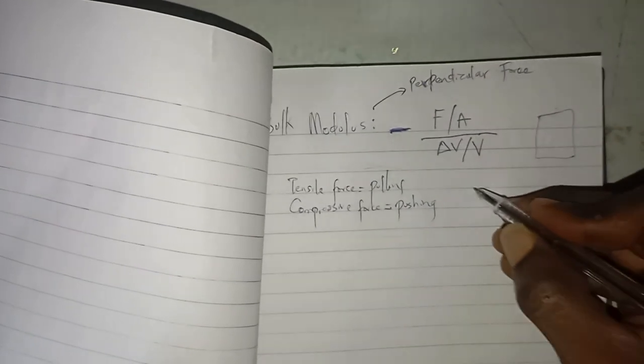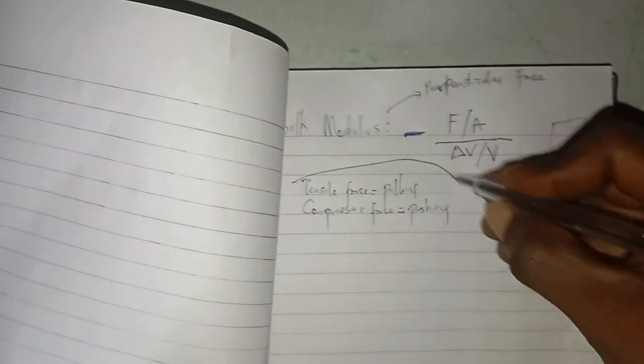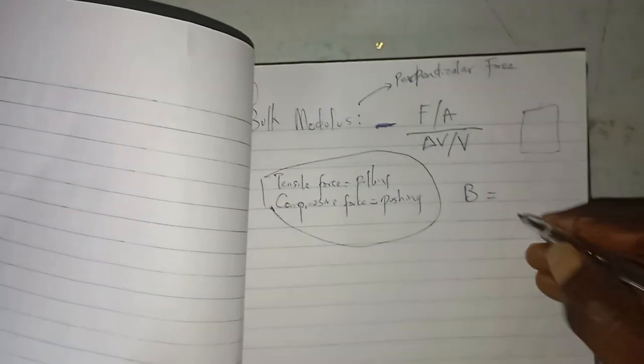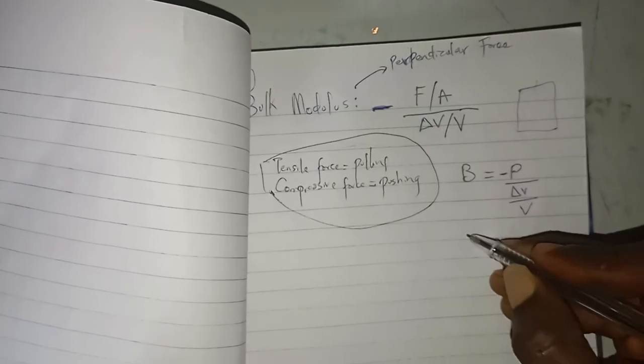So if we simplify this further, we say that bulk modulus B is simply, please I put this for you to note, minus pressure over change in volume over volume. Let me do it this way.